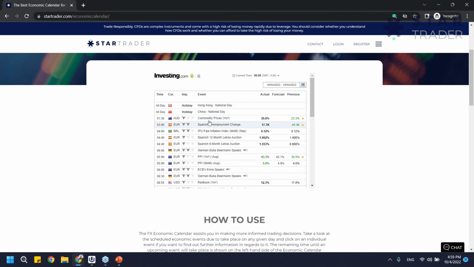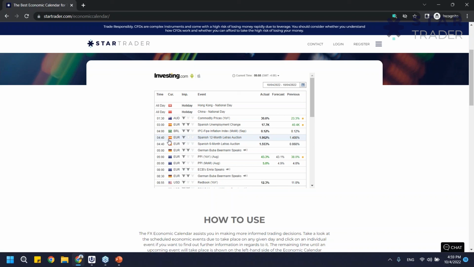But the good thing is not only that we have the news. You can look at the impact of each one of these news items. For the time, you will set it; mine is GMT -4. You will see the time, and the flag, which is the currency that is affected directly, and in which region.